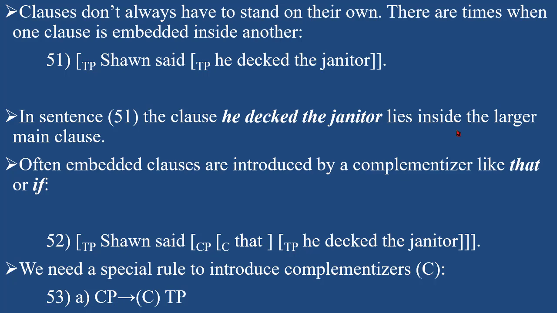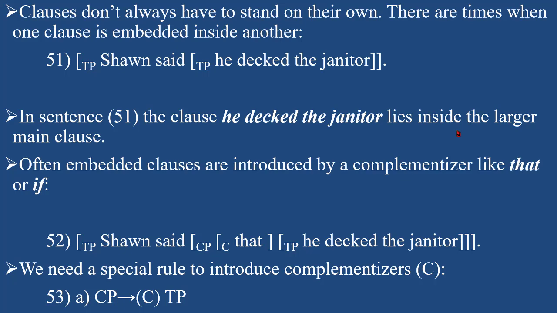So we have Sean said that. Okay, so Sean said he decked the janitor. Normally it is Sean said that he decked the janitor. That we can include it or not, but still it is there. Okay, it is there whether you write it or not. In such sentences, it is there.